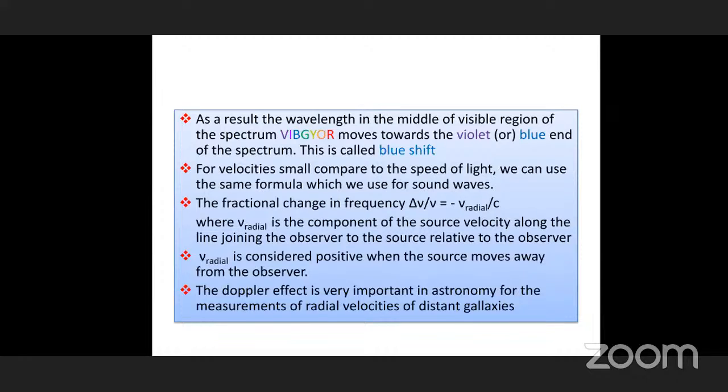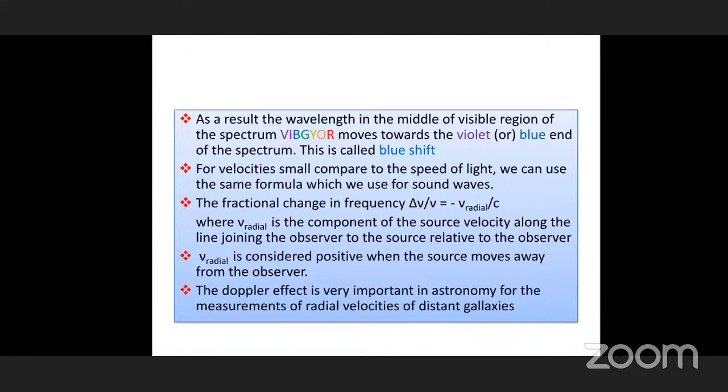We have taken two cases. The star may move away or the star may come towards the observer. In these two cases, one is negative, another is positive. When the star moves away from the observer, you consider V radial positive. If the star comes towards you, take negative.